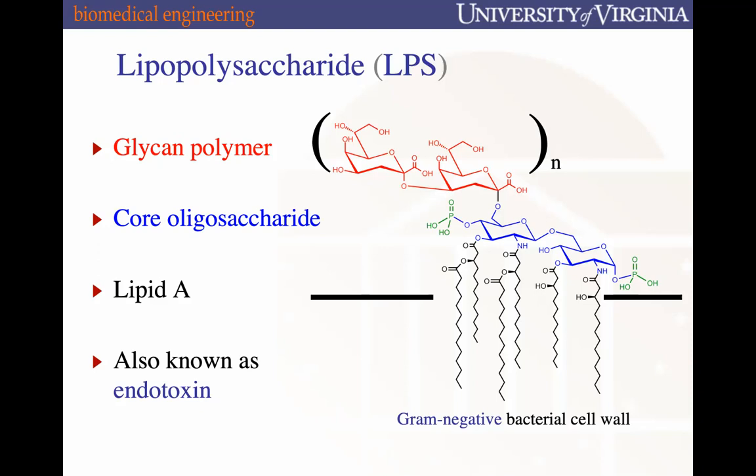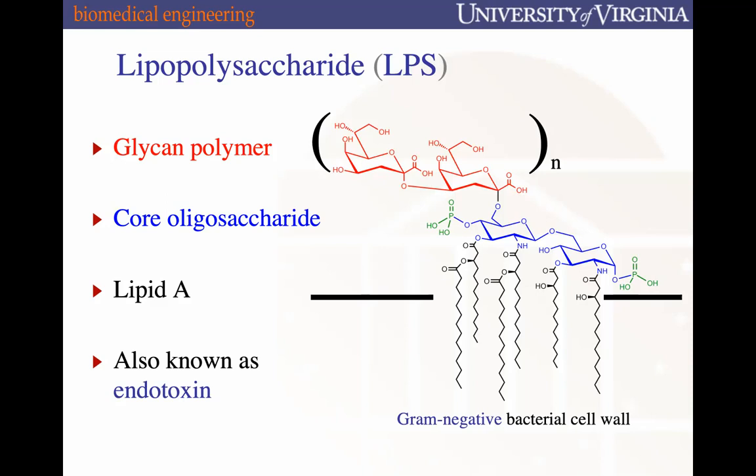It's called an endotoxin because if our immune cells are exposed to an infinitesimally small amount of LPS, it will trigger a really severe and robust immune response. And so whenever medical products are being developed, they are required by the FDA to be endotoxin free.